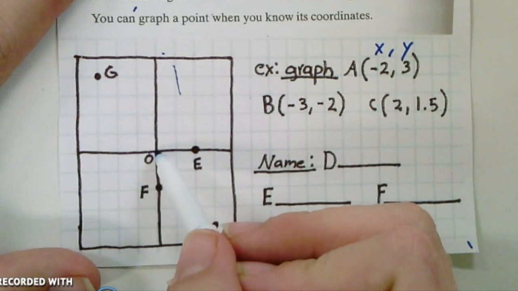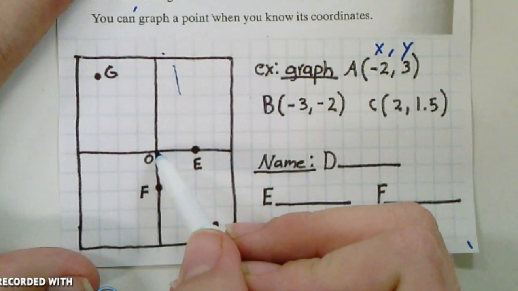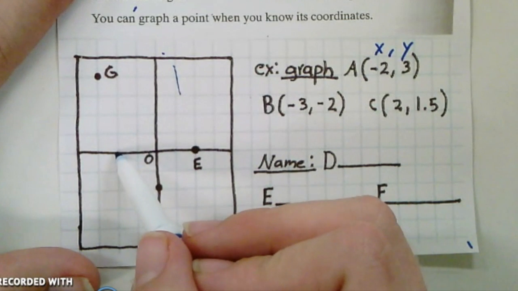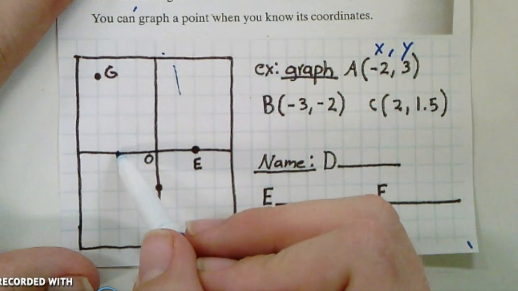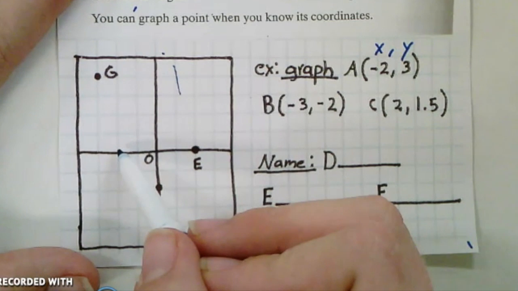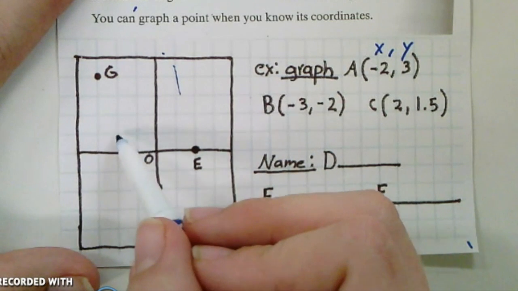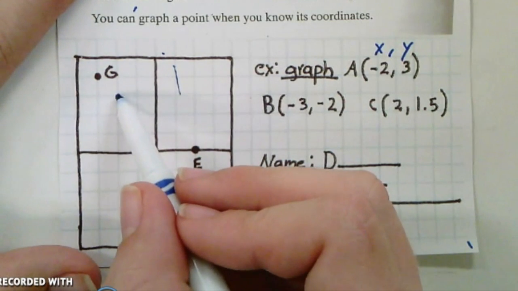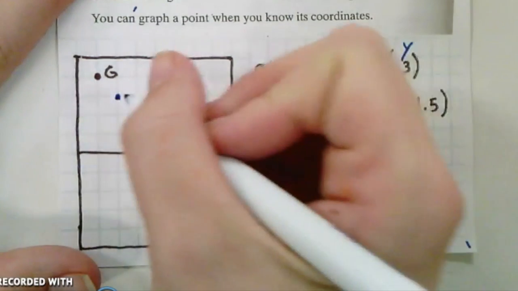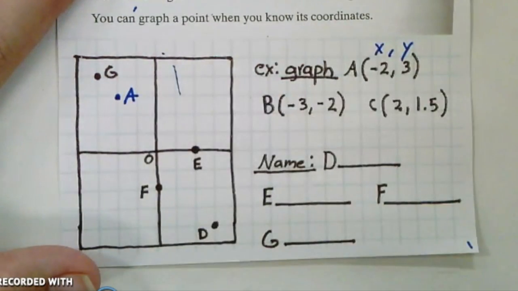So I'm starting at my origin and I'm going to go to -2. That means I'm going to run backwards 1, 2 spaces. And then I'm going to rise 3 spaces because my y is +3. 1, 2, 3. I'll make a little point and I'll label it A.